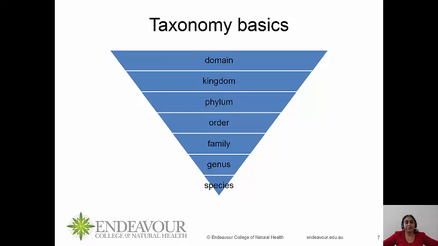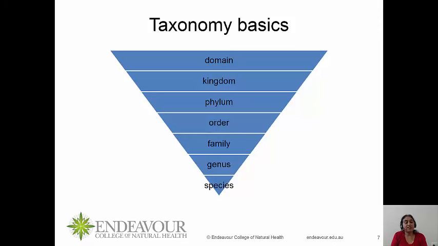All life is divided into kingdoms, whether it be birds, reptiles, or mammals, they will come under a kingdom. Under the kingdom you have many phyla, and under the phylum you have orders.